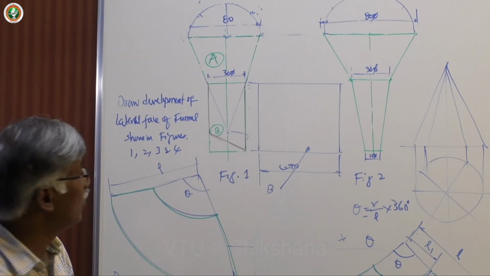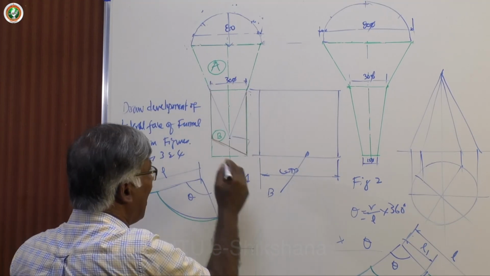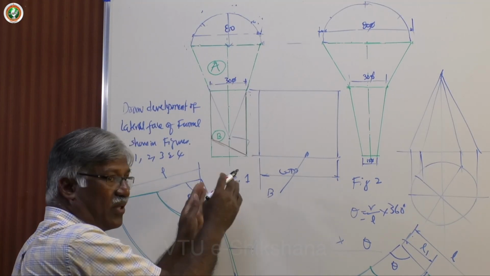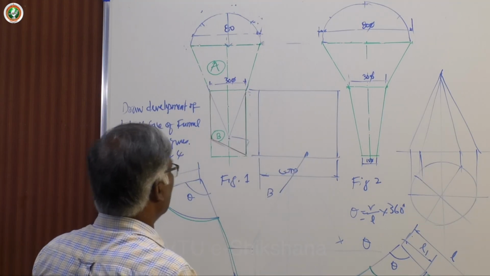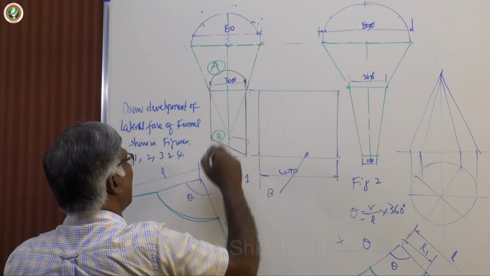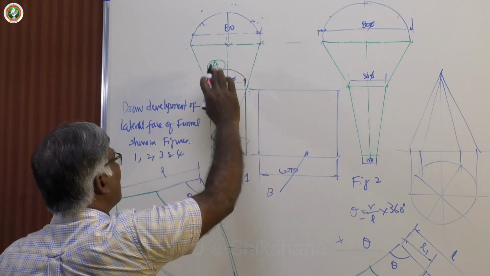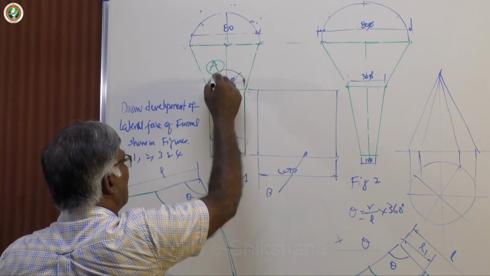For that you need the circle definitely and the respective intersection of the same with the generators. Otherwise you can have a semicircle as I did like this. Here you don't need it, but the reference is this. Here divide this into, helical part, 4. That becomes 8.